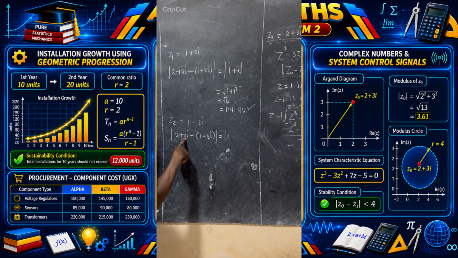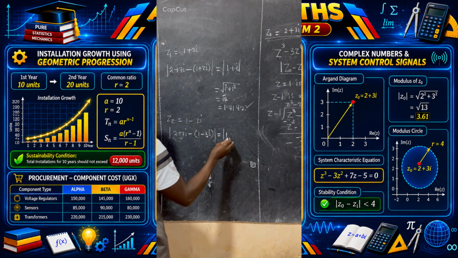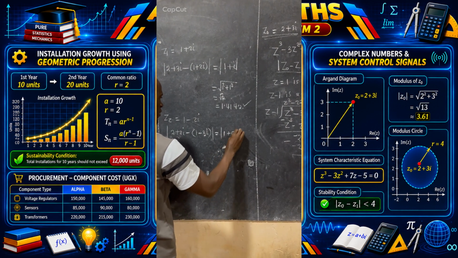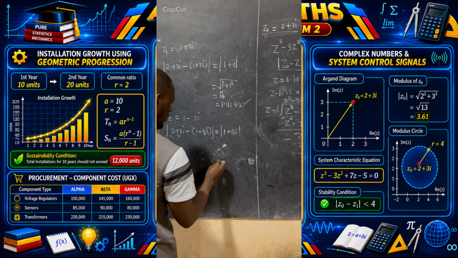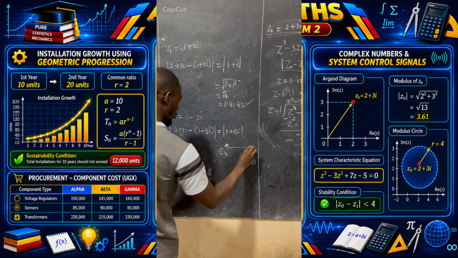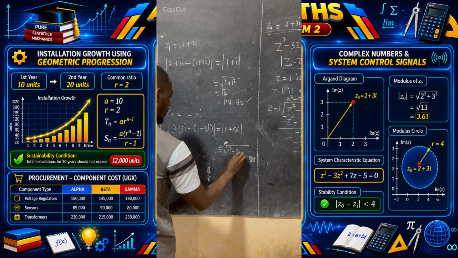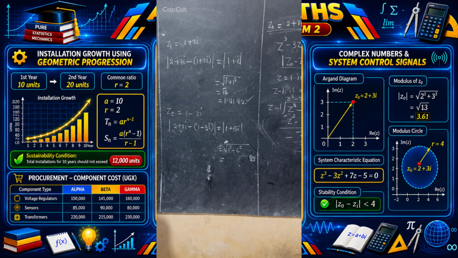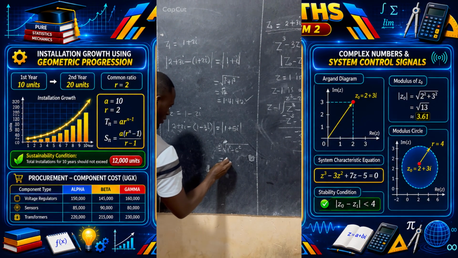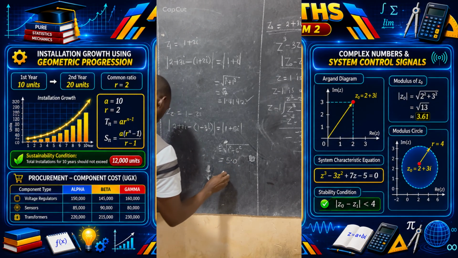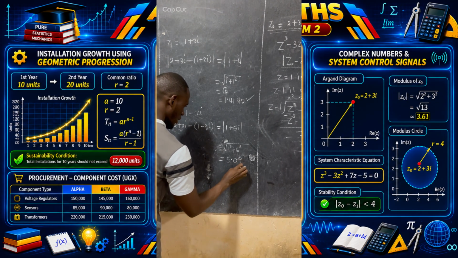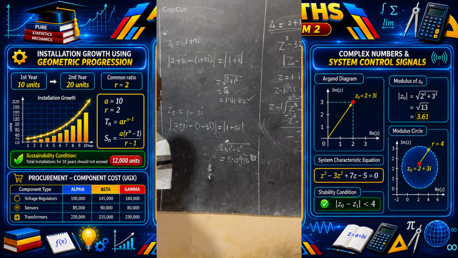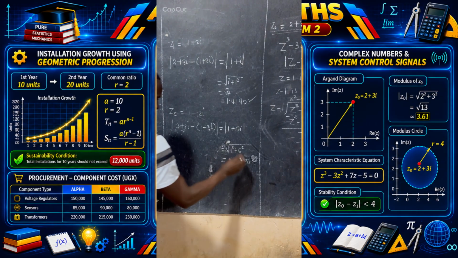Then 3i minus 3i, which gives us 5i. Since they are under magnitude, I'll just say square root of 1 squared plus 5 squared. That is the root of 26, and it is greater than 4. It is 5.0990. It is greater. So this is no.